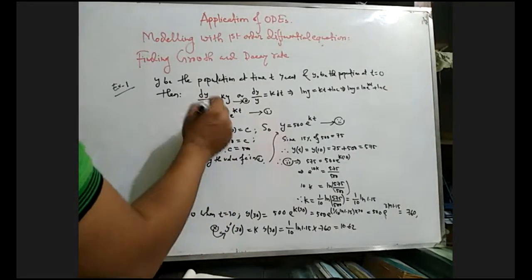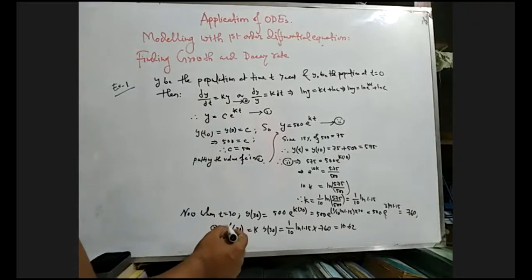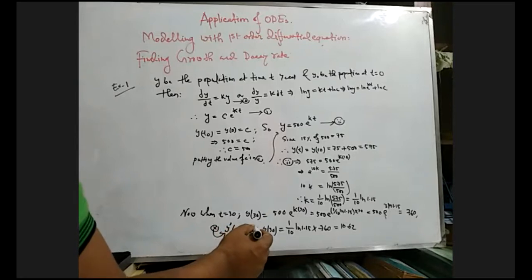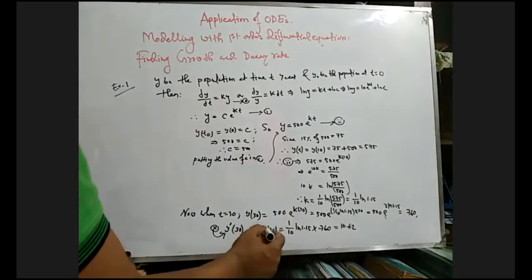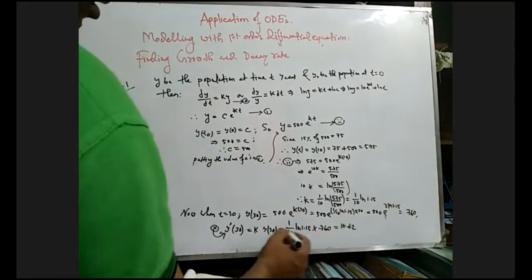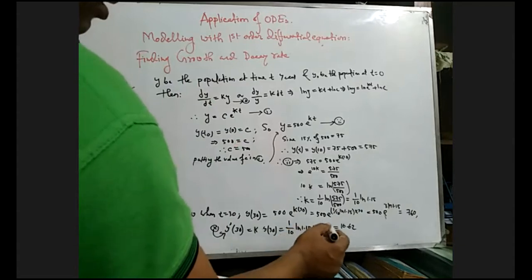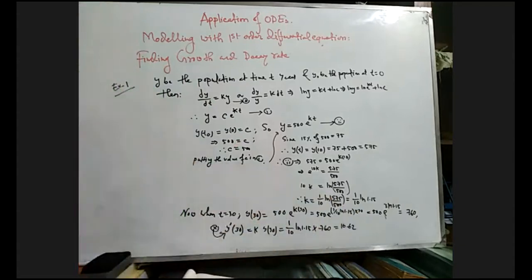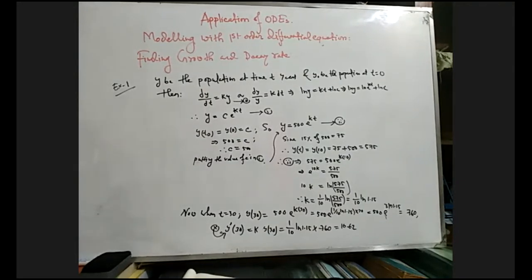This is the main differential equation. So y dash, that means dy/dt at 30 years, is k into y30. Y30 means total population after 30 years, 760, and my value of k will be multiplied with this. So the rate is 10.62. This is the modeling of the growth rate using differential equations of first order and first degree.